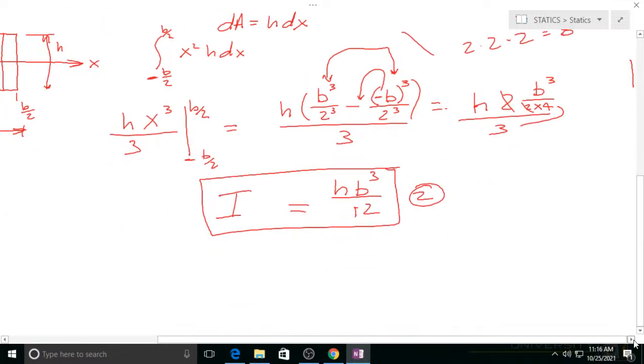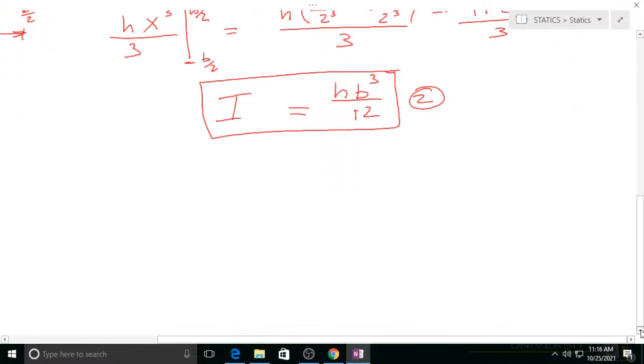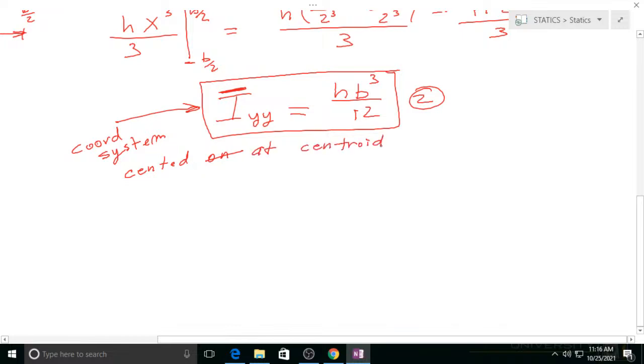So it turns out, and without too much discussion, this one is a special version of one because this is where the coordinate system is centered on or at the centroid.